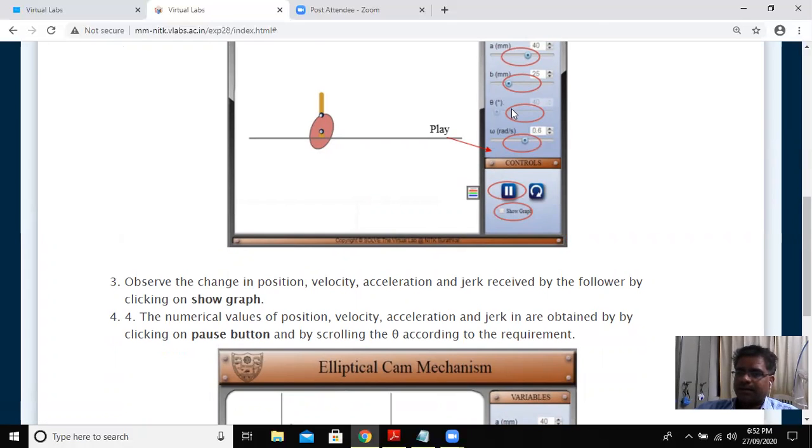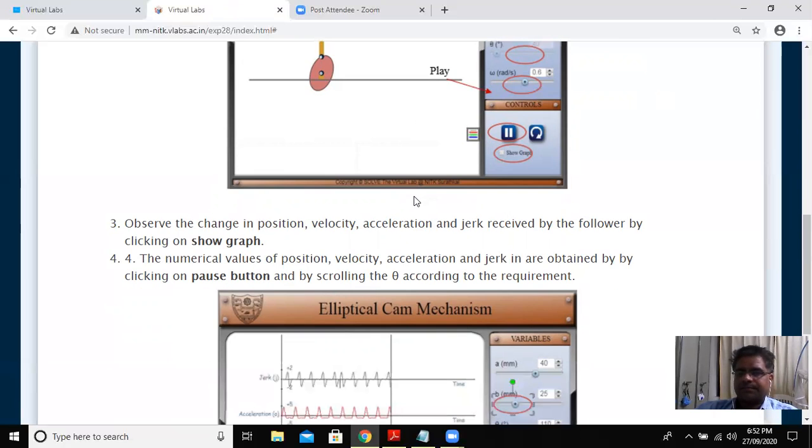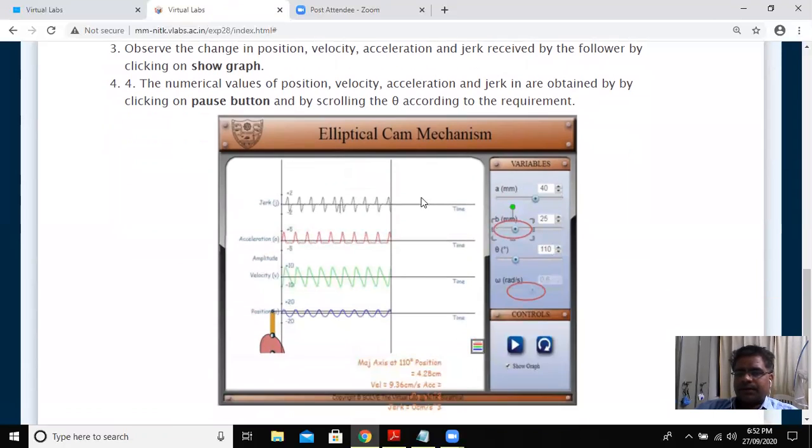If B is larger, it is called as major axis. And we can control the angular velocity of the cam, which is constant, that is indicated by omega in radian per second. So when we are drawing or actually operating, we will be getting different curves.